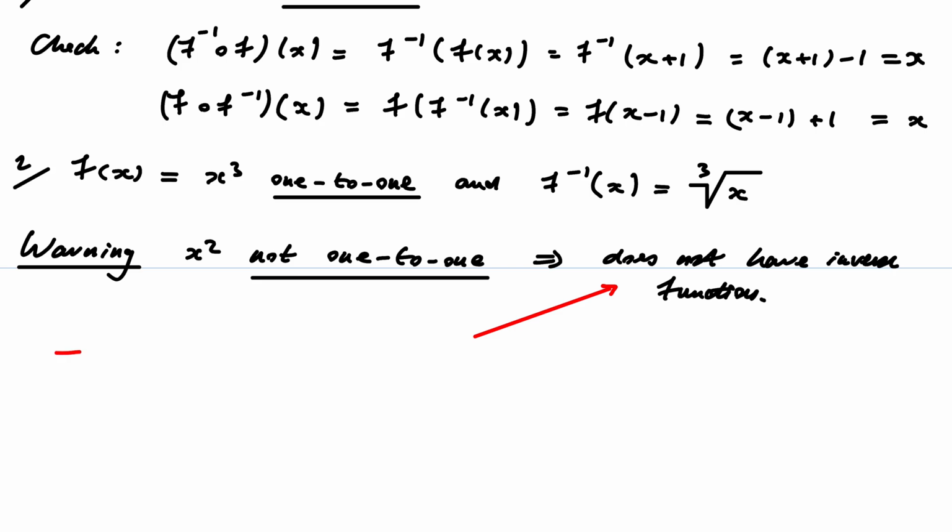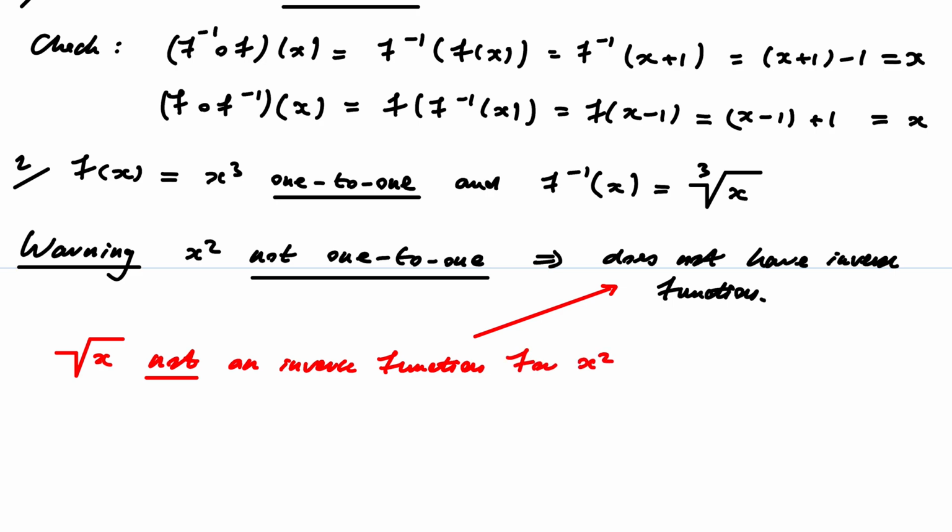So square root of x is not a true inverse. So what's the problem?